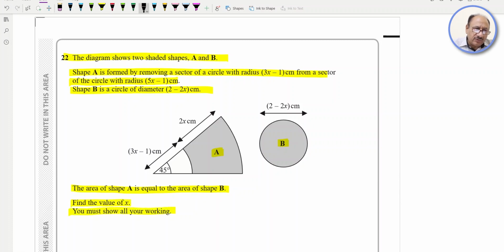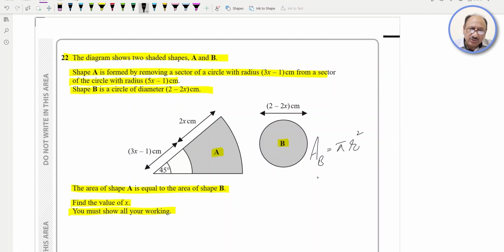And now what we will be doing, area of circle. Area of B will be what? Area of B is equal to pi r squared.